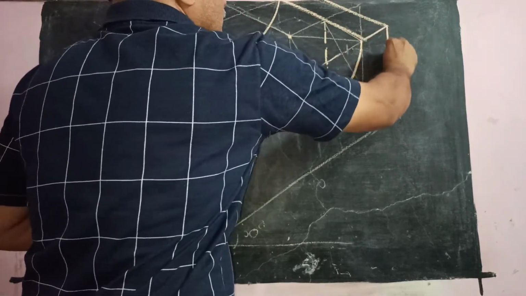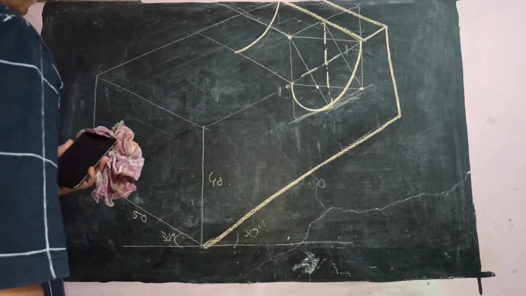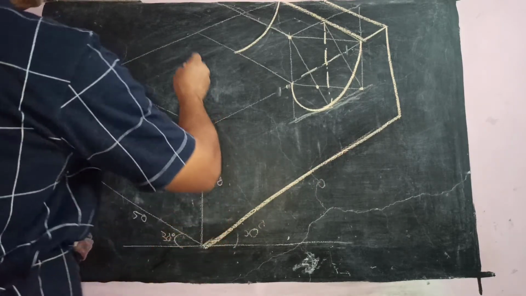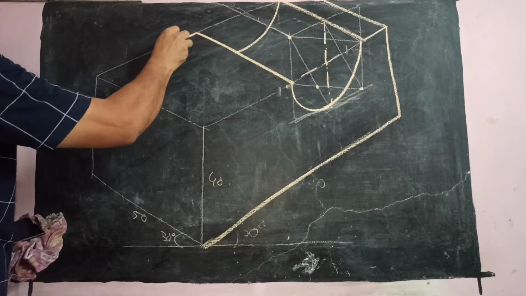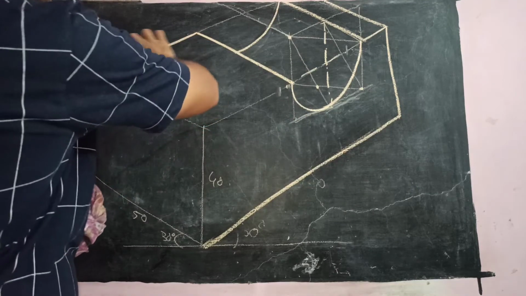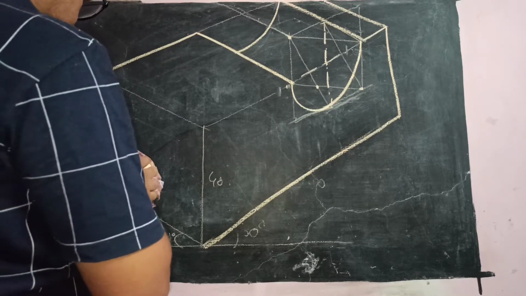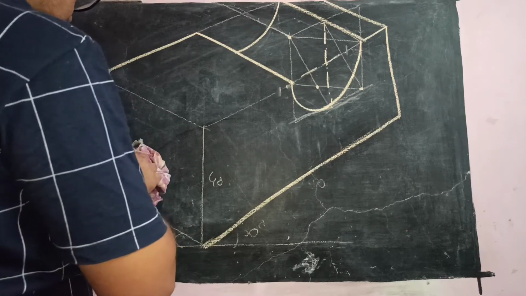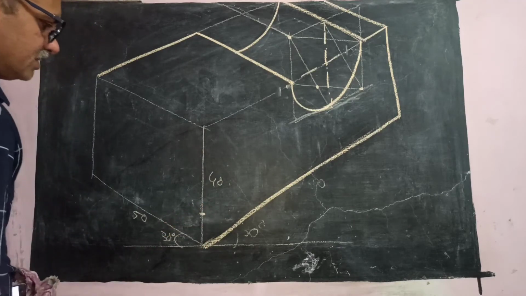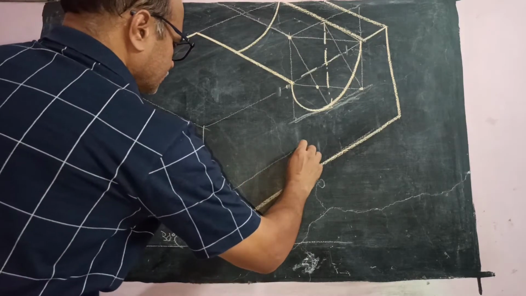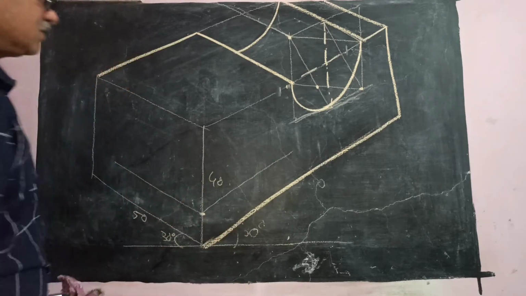So you can draw this one. Then this is the semicircular slot. Then there is a collar here, 10 by 10 like this. So that collar we can find out. There is a platform here, the base, which is having height 10. So 10 you can measure here and you can just draw lines like this.